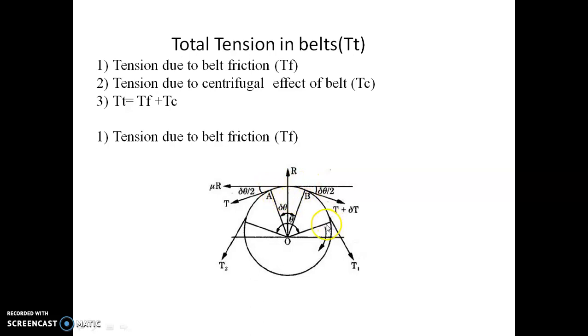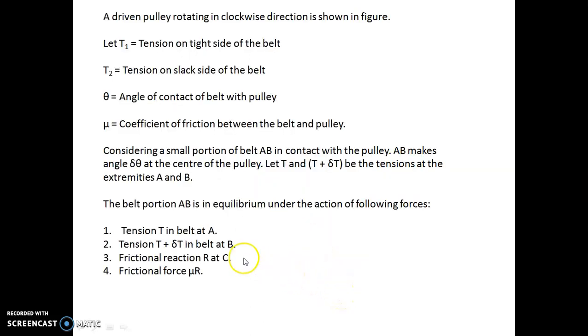The pulley is rotating in clockwise direction. So these are the forces: tension T in belt at A, tension T plus delta T at B, normal reaction R, and frictional force mu R.